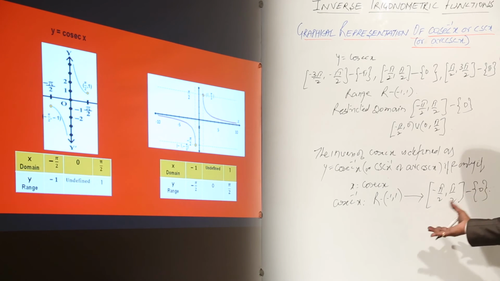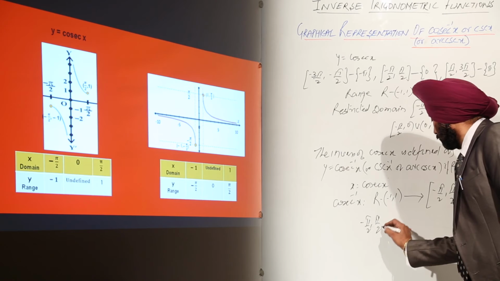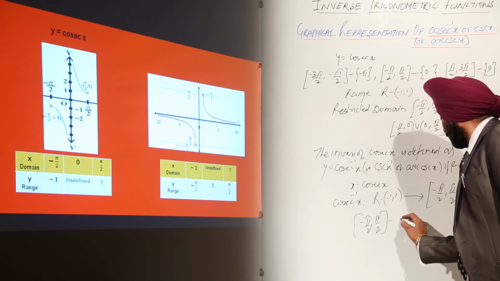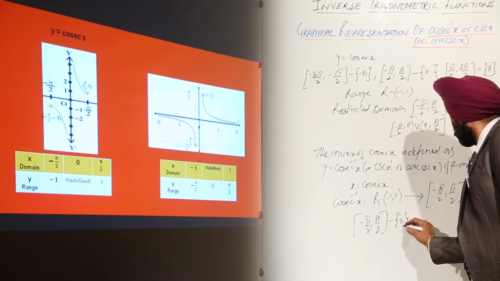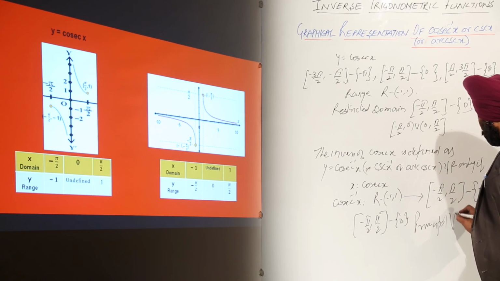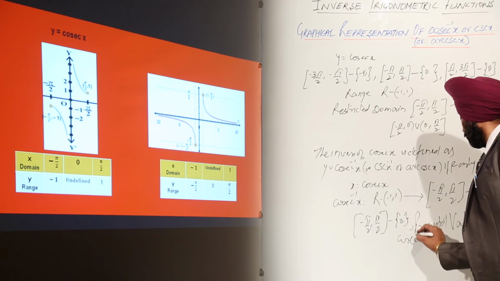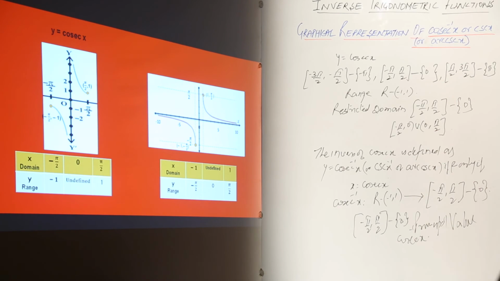Okay. And this portion, minus pi by 2 to pi by 2 in the closed interval except 0, is also called the principal value of cosecant inverse x.